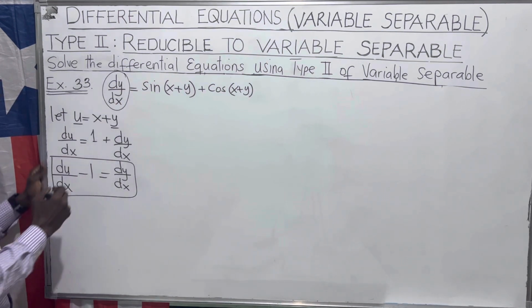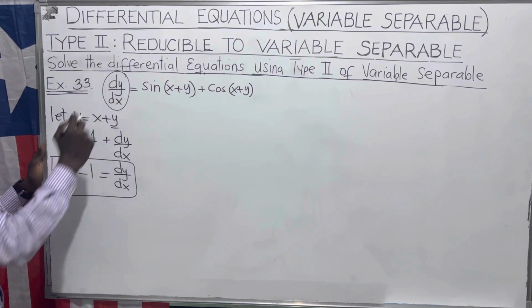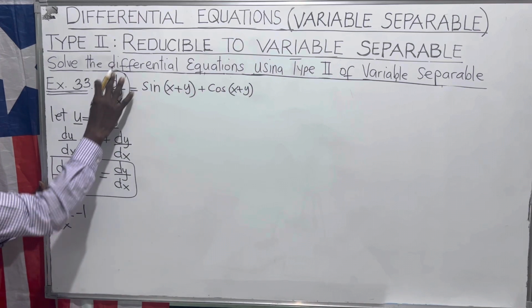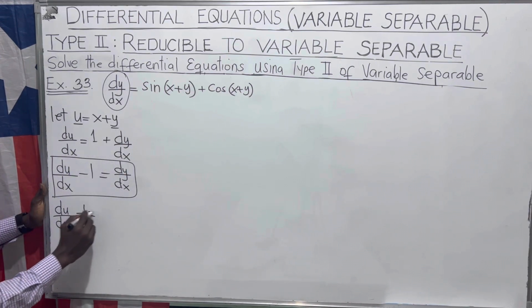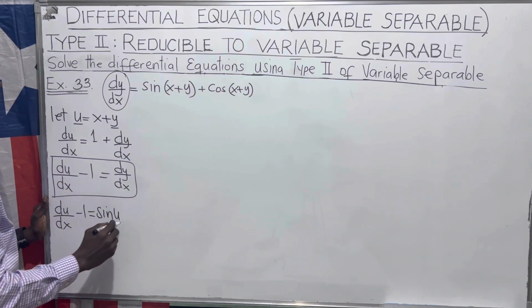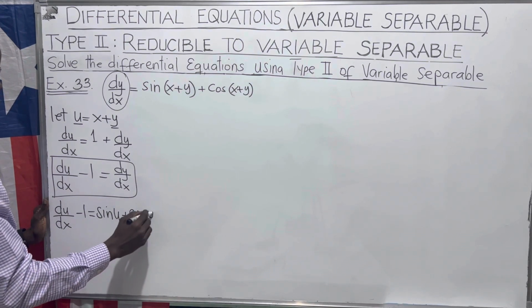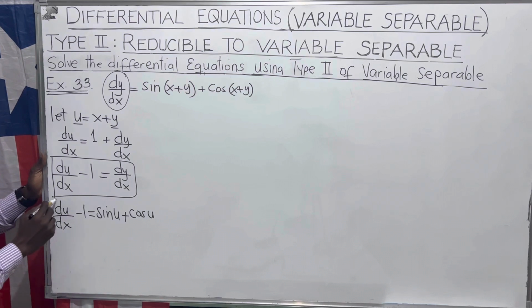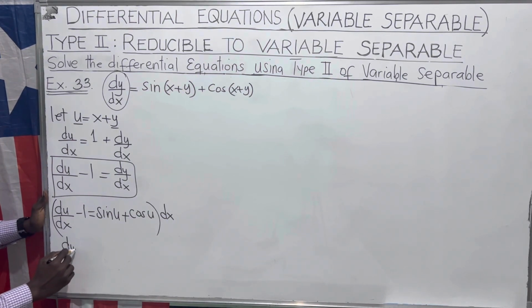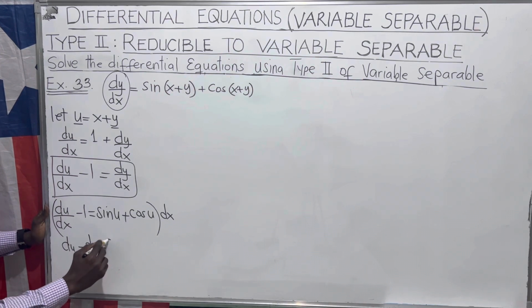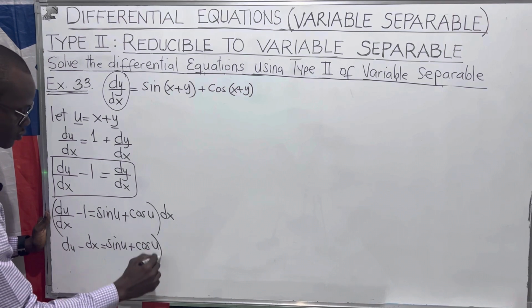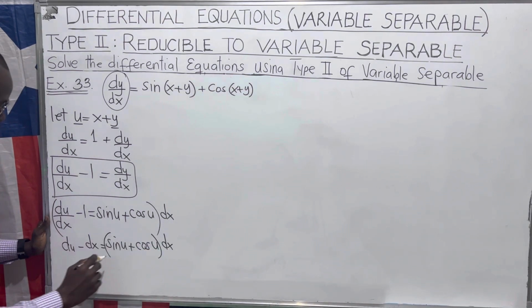We now substitute. So this is du over dx minus 1 equals dy by dx, which equals sine of x plus y, now u, plus cos of u. If we multiply all sides by dx, we have du minus dx equals sine of u plus cos of u dx.